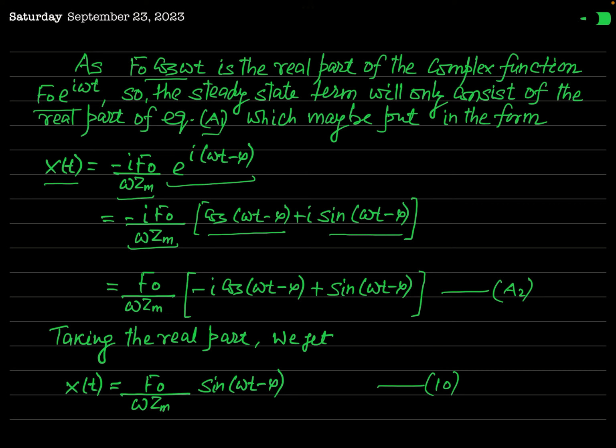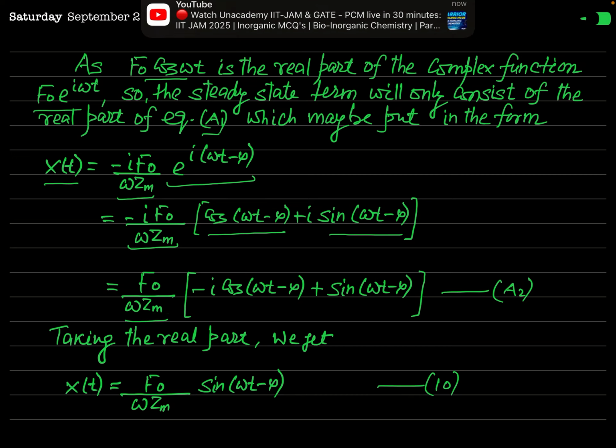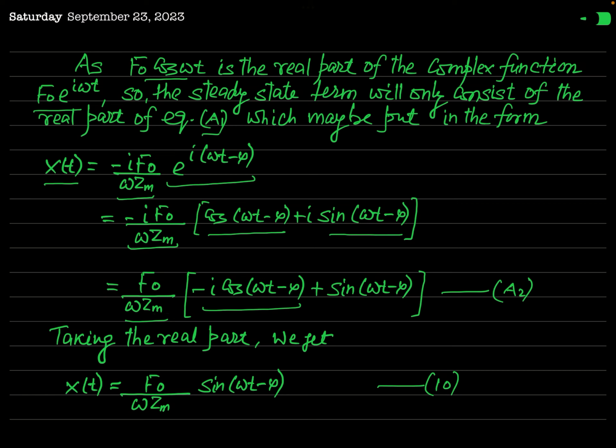Now let us multiply by this minus i the terms inside the square bracket. So this will be f naught over omega zm times minus i cos(omega t minus phi). And when we multiply this minus i with i in the second term, this will be minus i squared, which is equal to 1. And so the second term becomes sin(omega t minus phi).